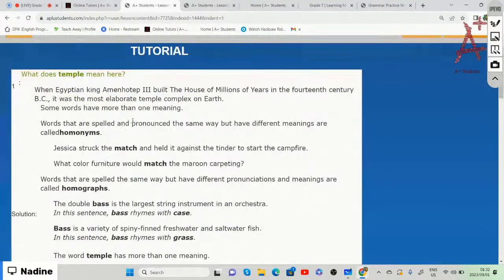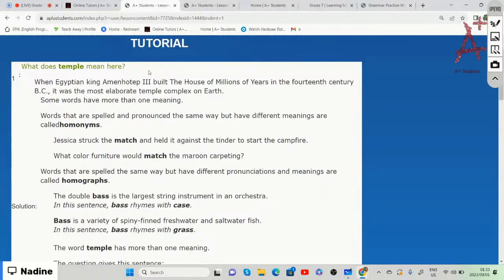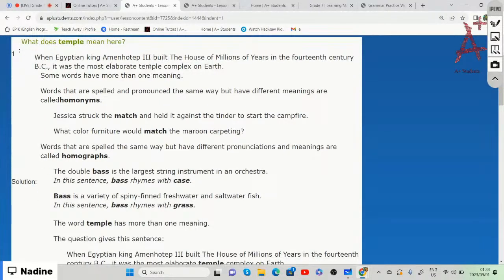So if we look at the word temple, we need to say what does temple mean? Because I skipped some of the words that we have already mentioned. So when Egyptian king Amenhotep III built the house of millions of years in the 14th century BC, it was the most elaborate temple complex on earth. Some words have more than one meaning.